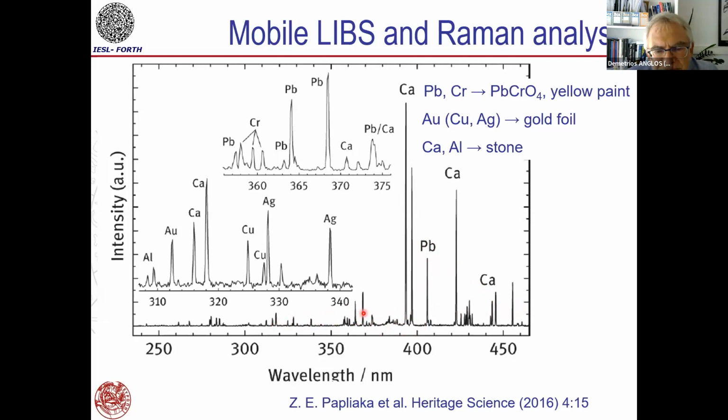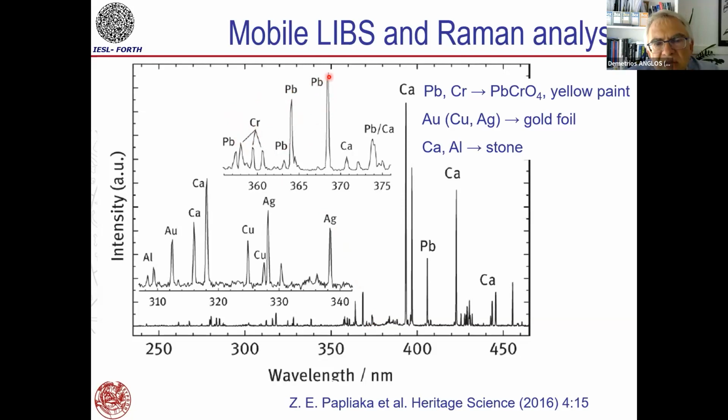You need to be somewhat educated and make at least some educated guesses. Because the material that we were probing had a yellow color, the pigment was yellow, we looked at lines which come from lead and emission lines that originate from chromium.